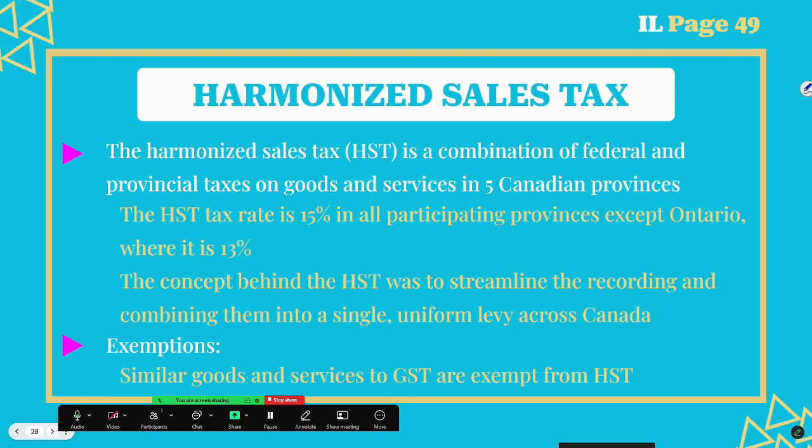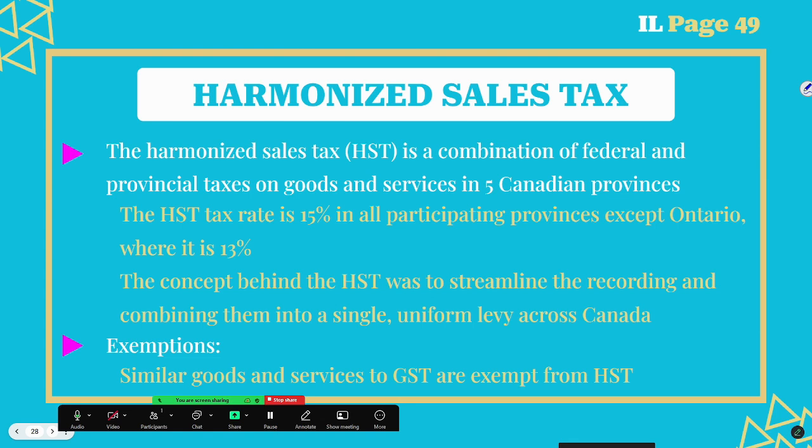We are going to look at harmonized sales tax. The harmonized sales tax that we talked a little bit about yesterday is HST. It's the combination of federal and provincial taxes that are on goods and services in 5 Canadian provinces. Every province who has combined it and created HST pays 15% except for Ontario.